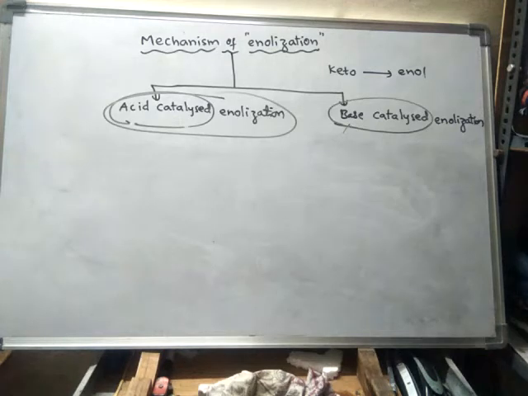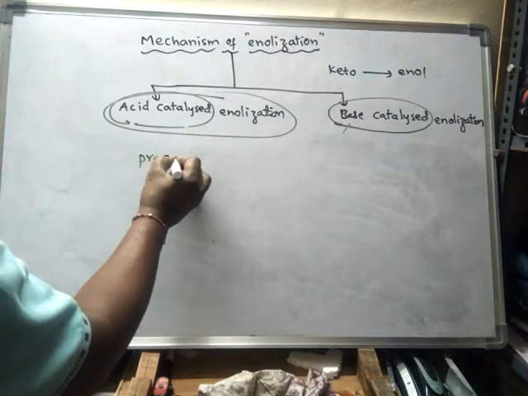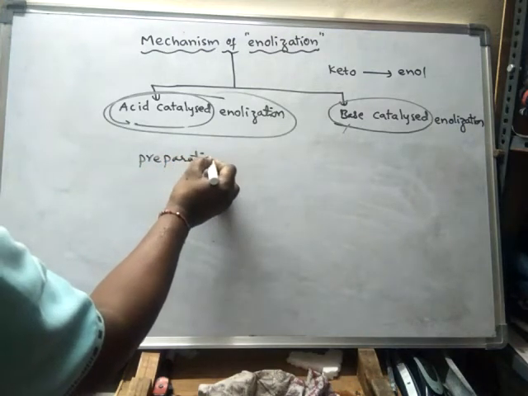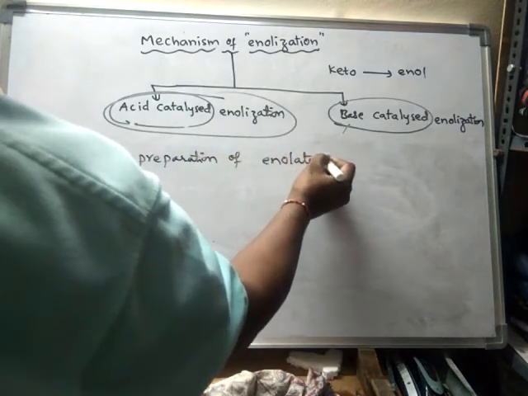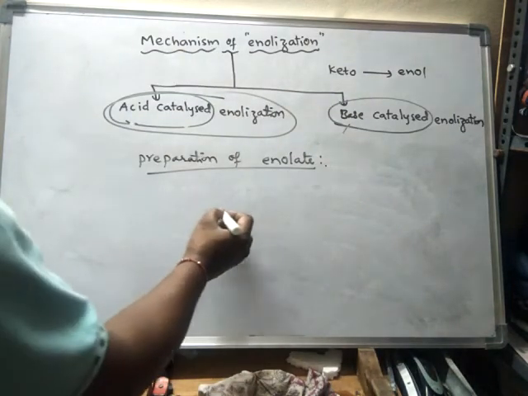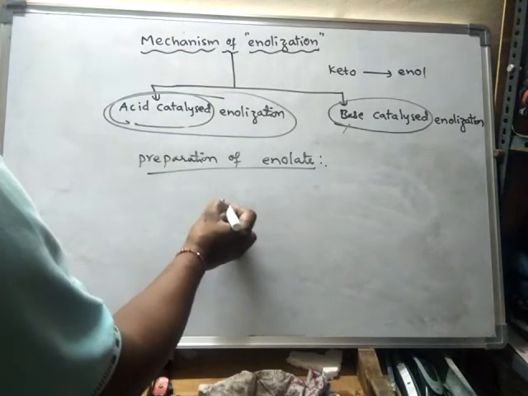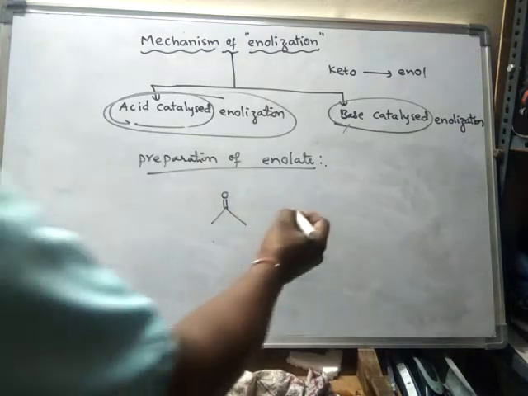And one more thing, preparation of enolate. How is enolate prepared? Important. Preparation of enolate. That means from the ketone, or else keto form, enolate is prepared.